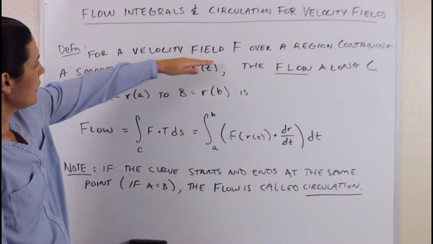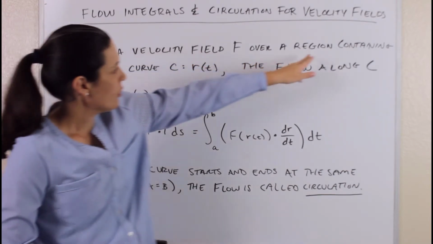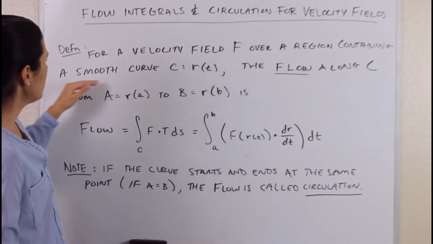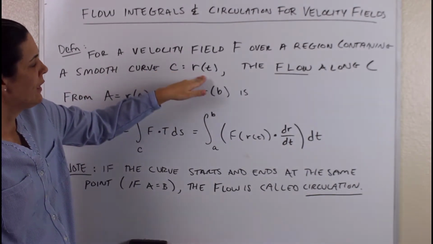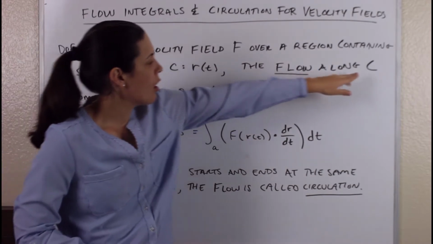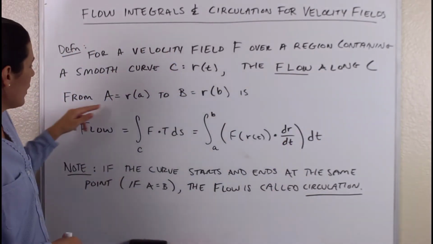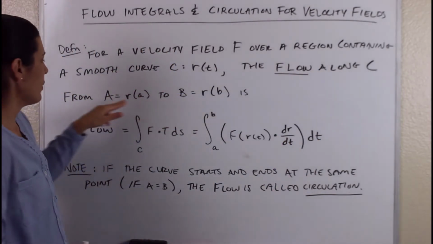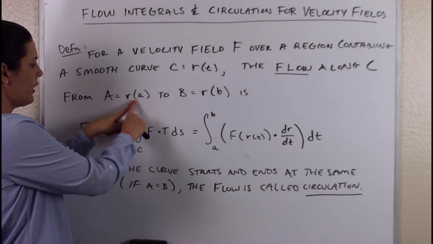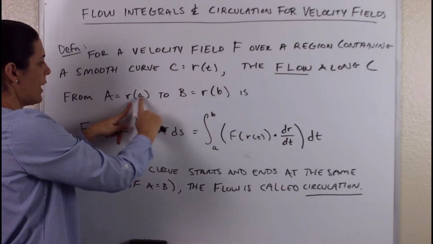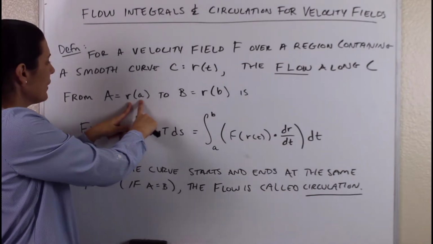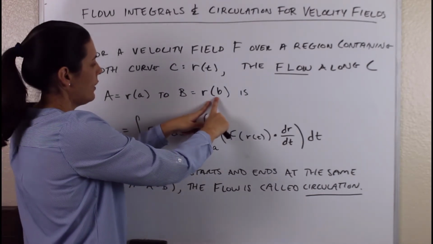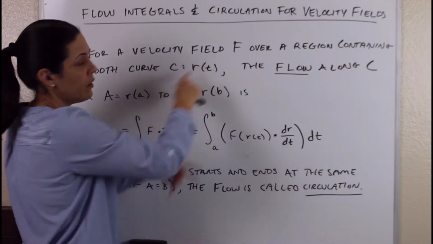For a velocity field F over a region containing a smooth curve C, which is parameterized as R of t, the flow along that curve from some point to some point, so notice that you're evaluating your curve at a, so the starting t value is little a, and then you're ending at little b, so R of little b.